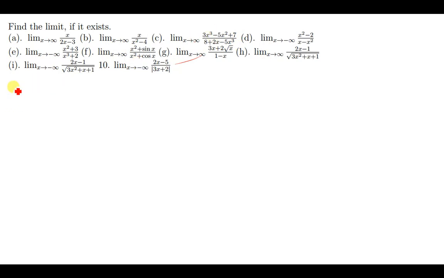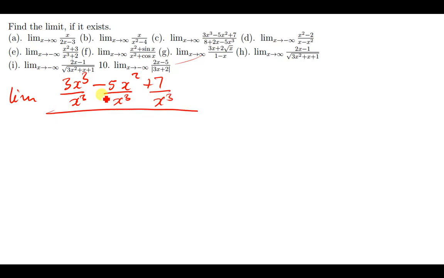So we're going to have the limit of 3x to the power 3 minus 5x to the power 2 plus 7, everything over x to the power 3, then everything divided by, we have 8 over x to the power 3 plus 2x over x to the power 3, then minus 5x to the power 3 over x to the power 3, then as x approaches infinity.